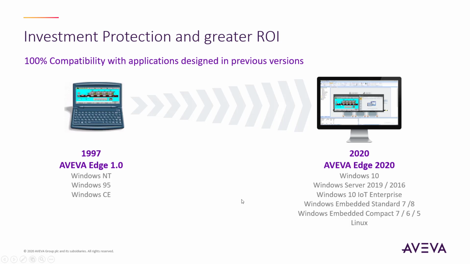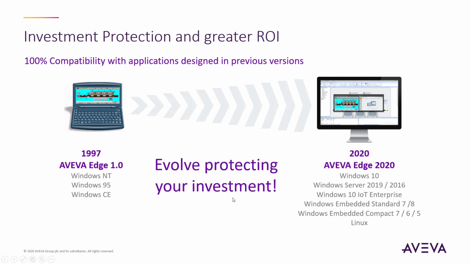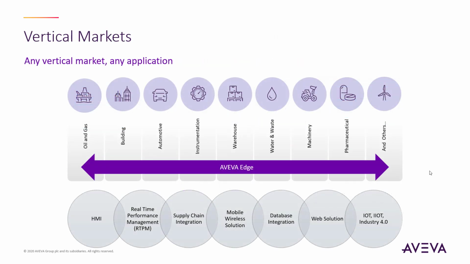So save that time, unlike some of our competitors that every 3 years or so force you to upgrade the product, and your project becomes incompatible and you have to redevelop everything from scratch. Why do that? Your personal product is time, and why waste all that time? So again, protecting your investment in this.